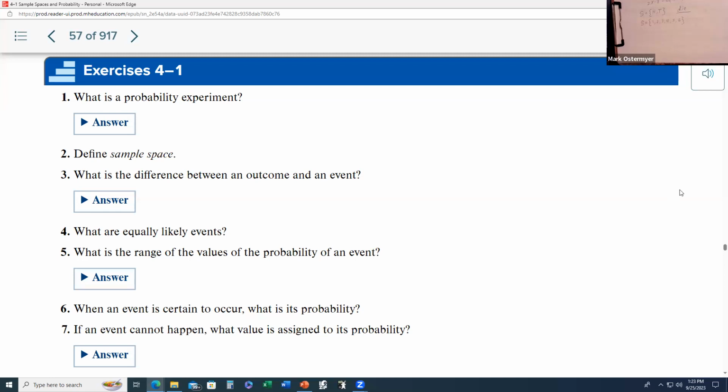Or drawing a card from a deck of cards. Depending upon what we would be interested in, suppose we were interested in the suit of the card that we draw from the deck. Then what would the sample space be if we were concerned about the suit?